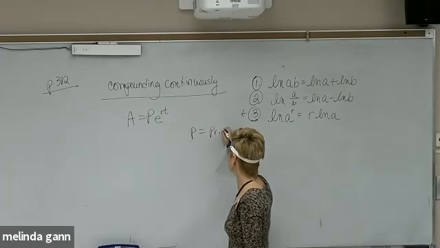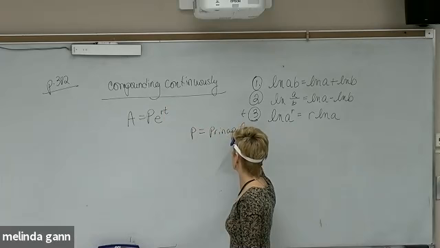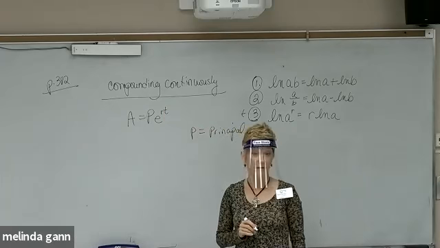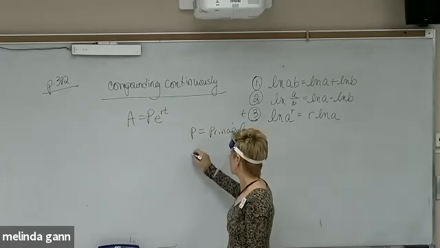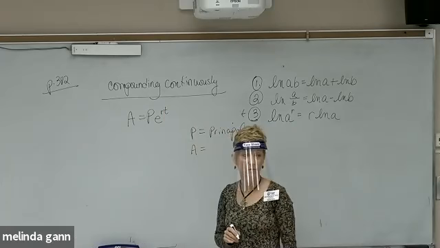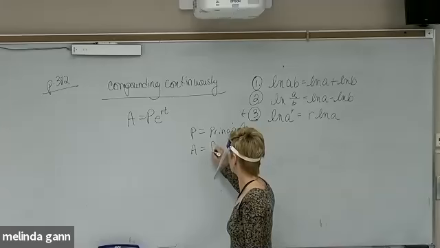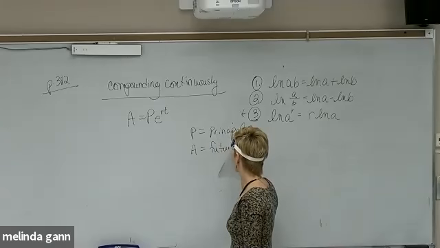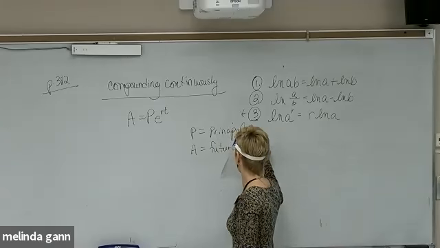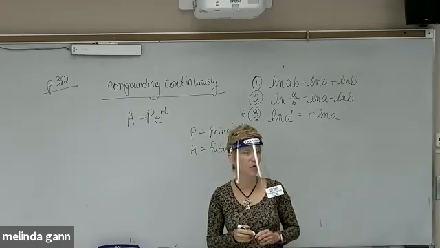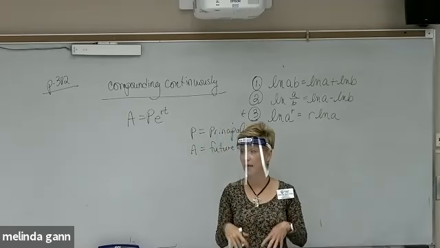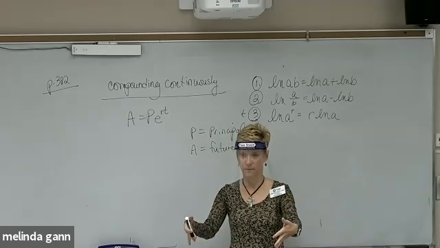Is that the beginning amount or the end amount? Beginning, okay? What's that A stand for? That's my future amount, isn't it? So that's the same as it was in those formulas from test 2. P is the beginning amount, A is the end amount.